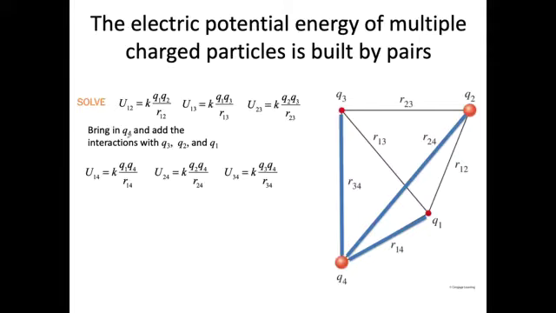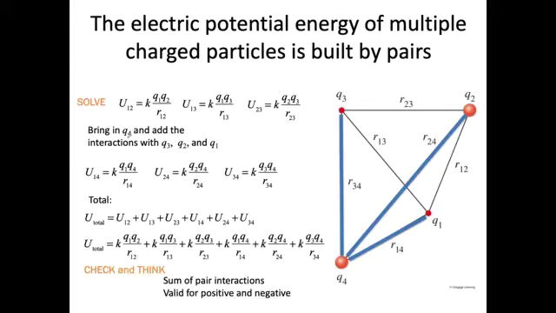For example, in this one you have 4 charges, Q1, Q2, Q3, Q4, and the total electric potential energy is going to be just the potential energy between each pair of the charges. If you have 4 charges, you can count 6 pairs: 1,2; 1,3; 2,3; 1,4; 2,4; and 3,4.